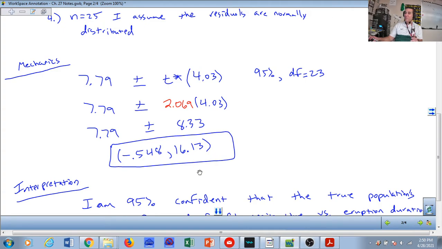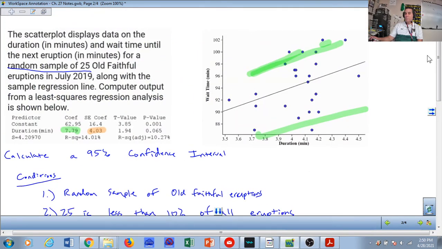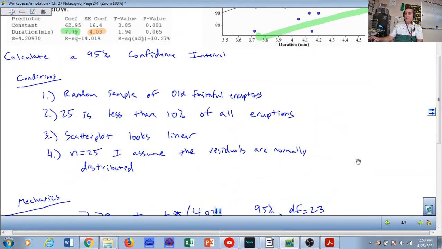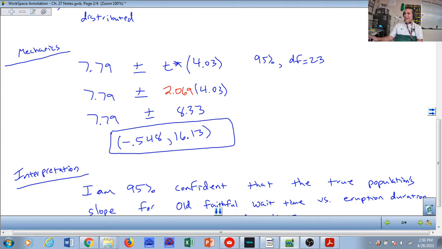And if the slope is 0, that would mean we could have no slope at all. So we could have no relationship at all. Because remember, if the slope is 0, that means as you increase x, y doesn't do anything. So if you get a slope of 0 in your confidence interval, that could mean there's no relationship. Right? Once again, things that could have been brought to my attention yesterday!